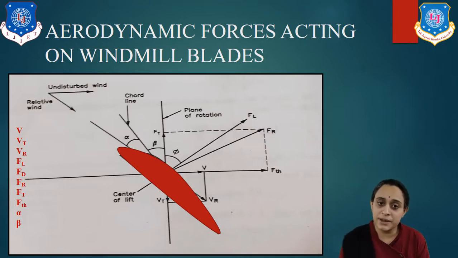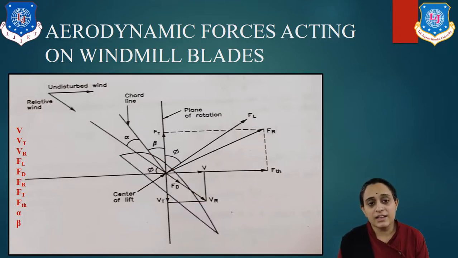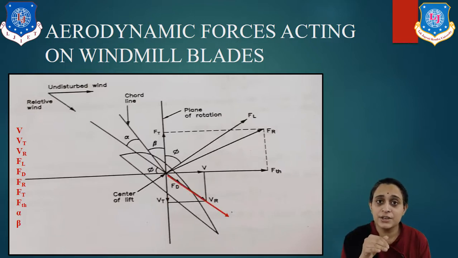It is represented as Vt in the plane of rotation, as you see. Now Vr is the resulting wind velocity, which is the vector sum of tangential velocity and impinging wind velocity. What is impinging velocity? It is velocity v in our case. Velocity v means inside wind flow.